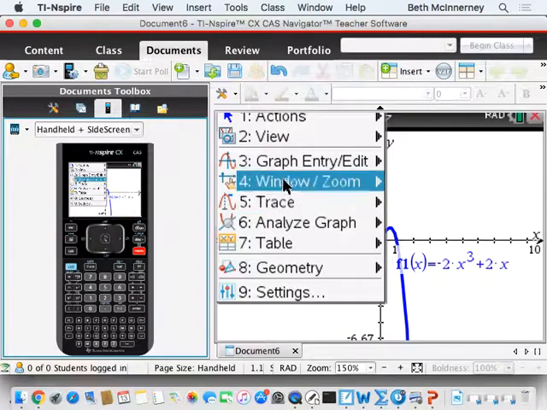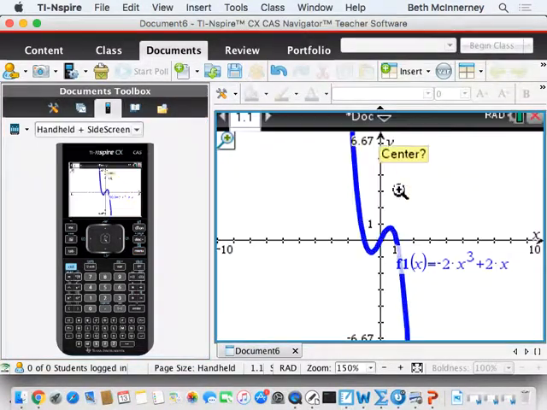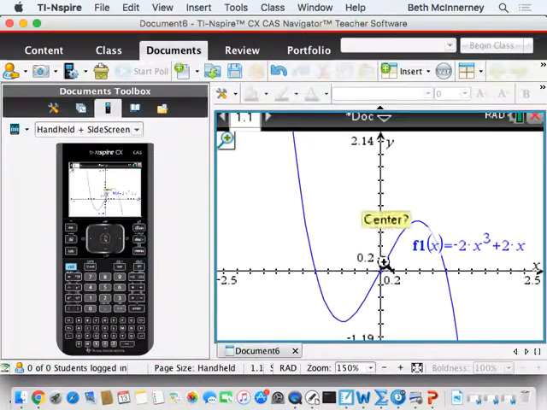I'm going to go to Menu, Window, and I'm going to zoom it in because that's too small for me. Ooh, that looks pretty. For those of you with the graphing calculator, once you've graphed it, press Menu, Window, and do zoom in and tap it a couple times.